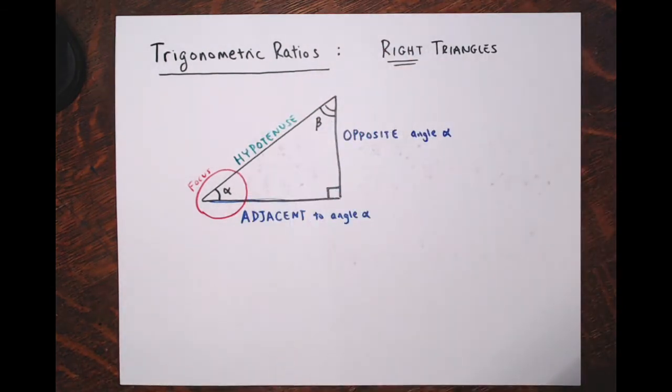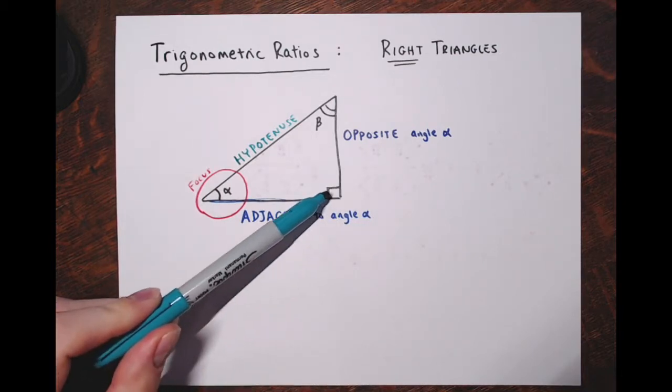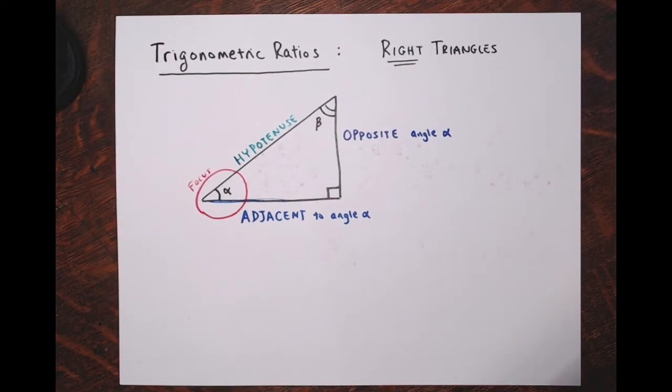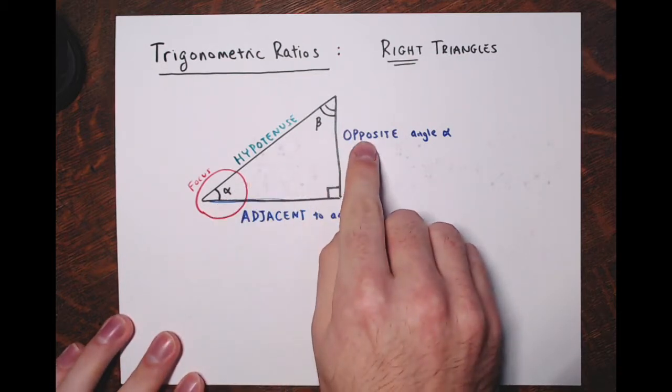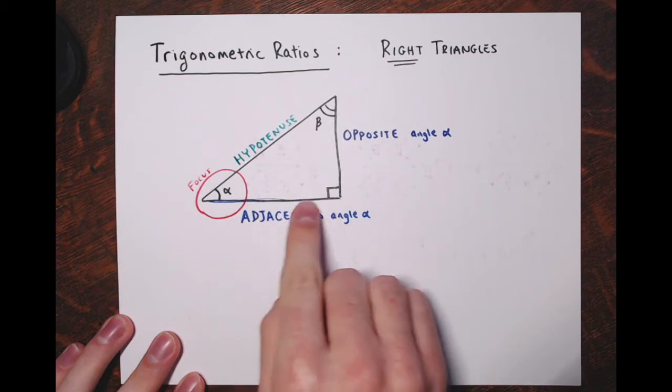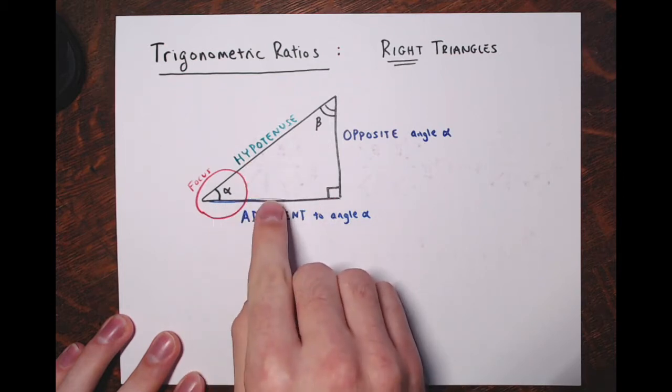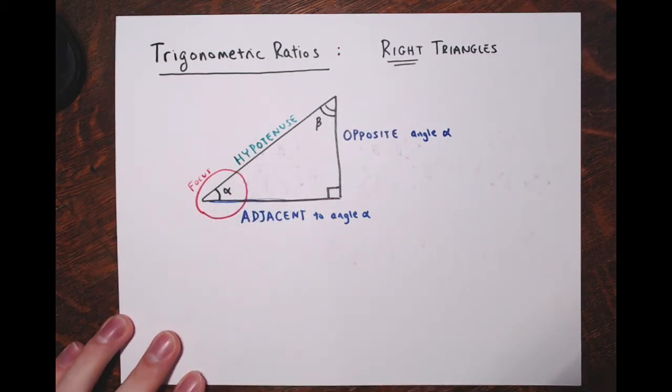No matter what right triangle you're looking at, the side opposite the 90-degree angle is called the hypotenuse. So again, focusing on angle alpha, you have the side opposite, the side adjacent that's touching it but is not the hypotenuse, and then you have the hypotenuse.